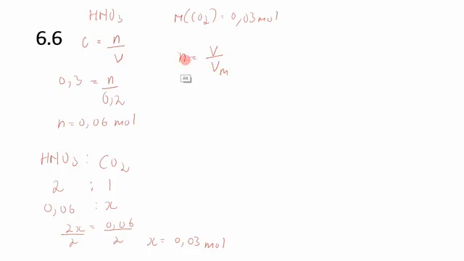We already have the number of moles, it's 0.03, and here we have our volume, which is the one we are looking for, the volume of carbon dioxide, and Vm, remember this is our molar gas volume at STP, which is 22.4. Then we just cross multiply here, our volume will be 0.672 dm cube, and that's how we have our volume at STP for carbon dioxide.